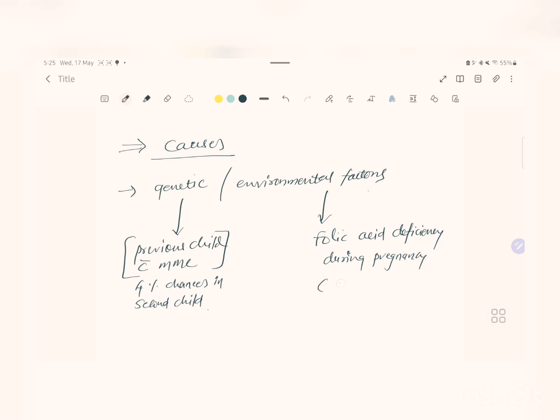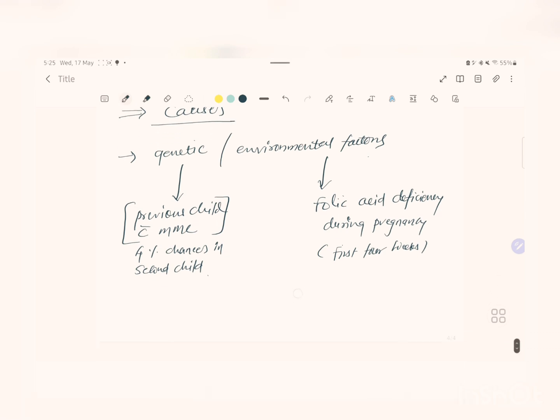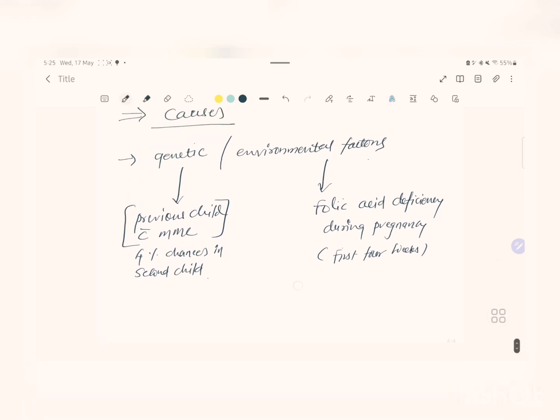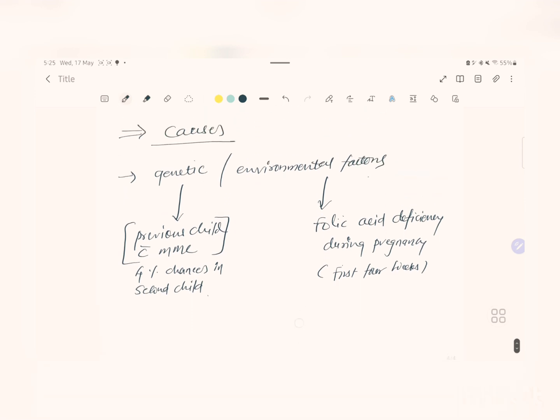So these are the two causes, genetic and environmental factor. This is the reason why we give folic acid and iron supplement to the mother during the first trimester after they are diagnosed with pregnancy.